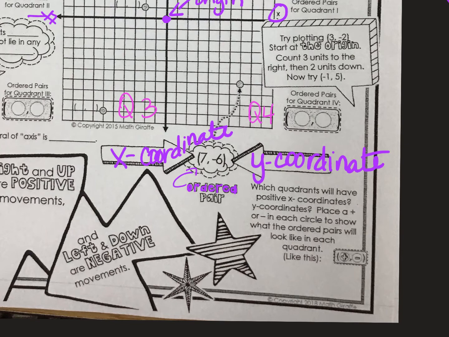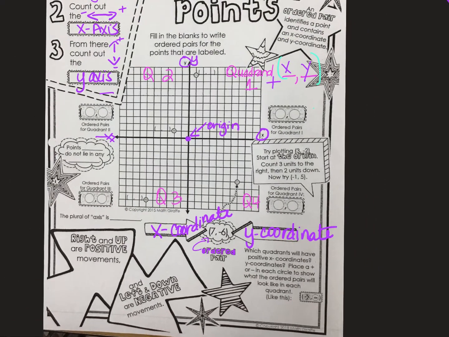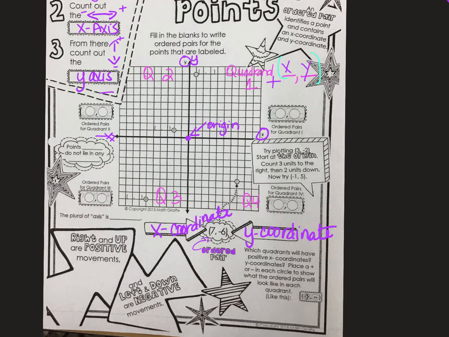Okay, that's your ordered pairs. Whatever coordinate pairs are plotted in quadrant 1 are always going to be a positive and a positive, meaning the X is positive and the Y is positive, okay?